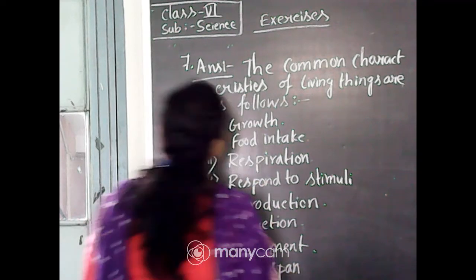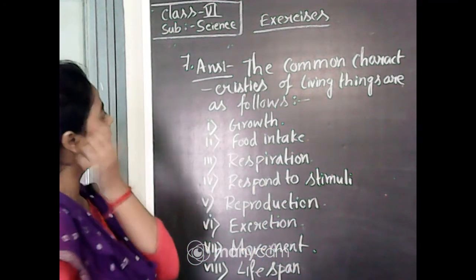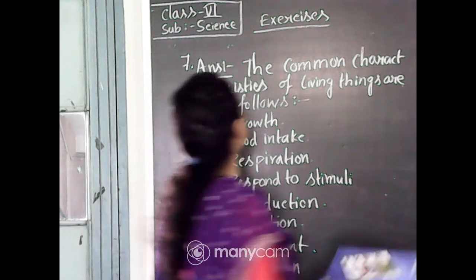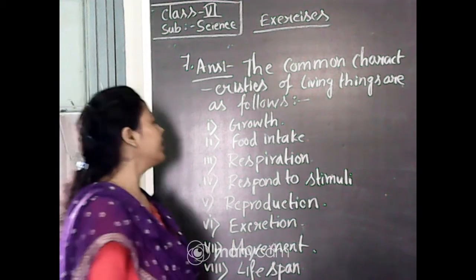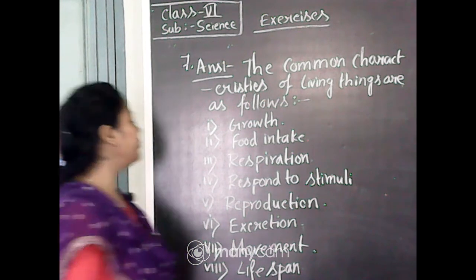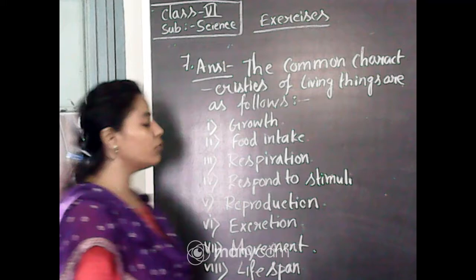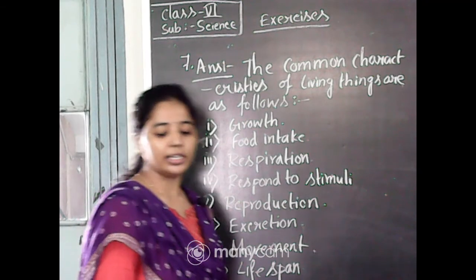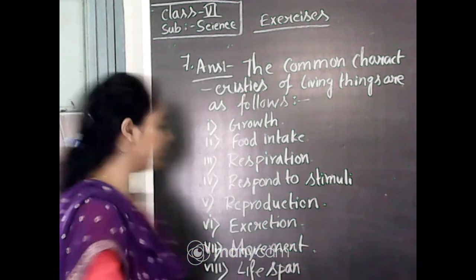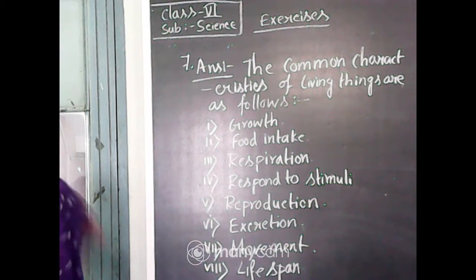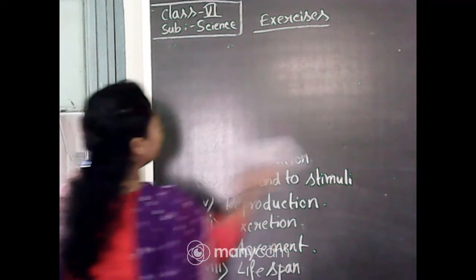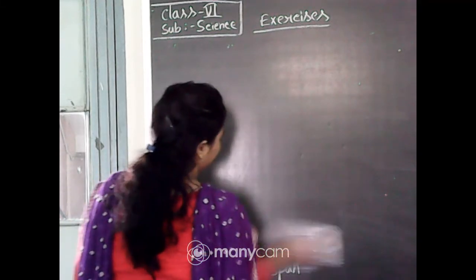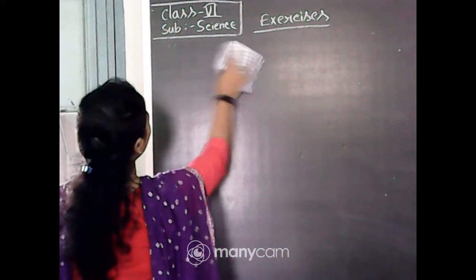So these are the common characteristics of living things: growth, food intake, respiration, response to stimuli, reproduction, excretion, movement and lifespan, isn't it? I am rubbing these answers, number 7. Only one answer is left from this exercise.